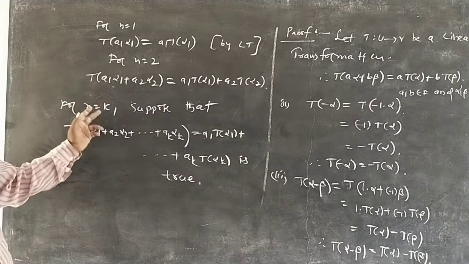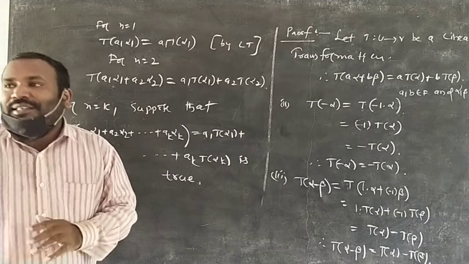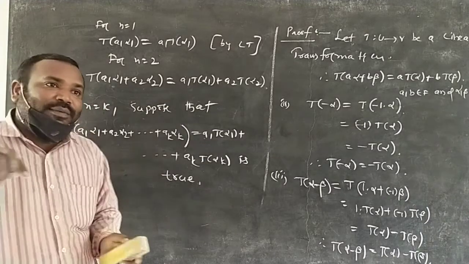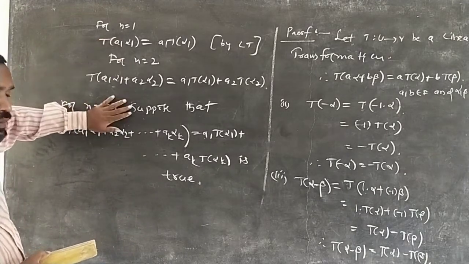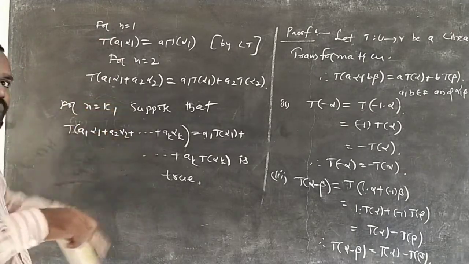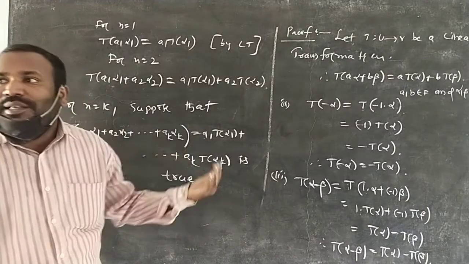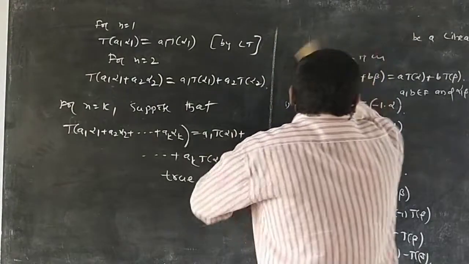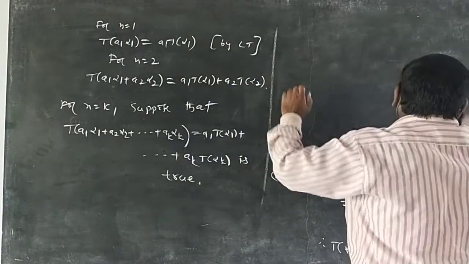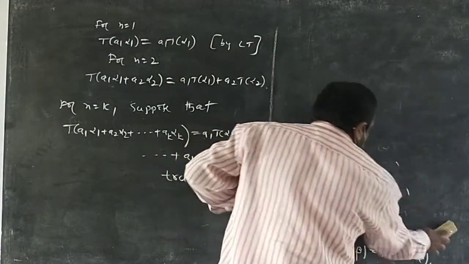For n equal to k plus 1 we shall prove the statement. We have to show it is true for n equal to k plus 1. We showed it true for 1 and 2, and supposed it true for k.